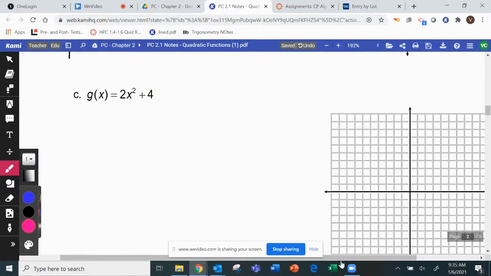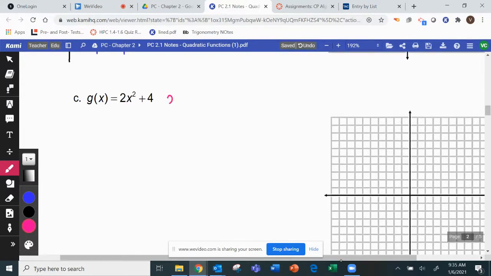Okay, the next one doesn't look like it, but it is in vertex form. This would be a vertex form that would look like 2 parentheses x minus 0 squared plus 4. That tells me that my vertex is at 0, 4, which means my axis of symmetry is at x equals 0.